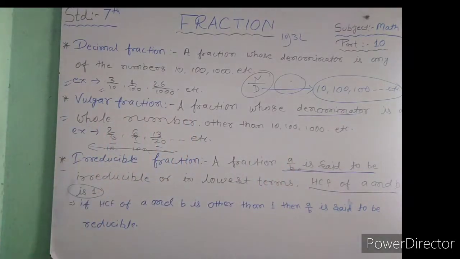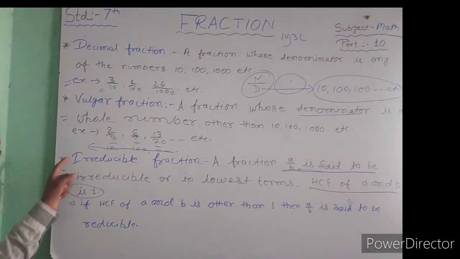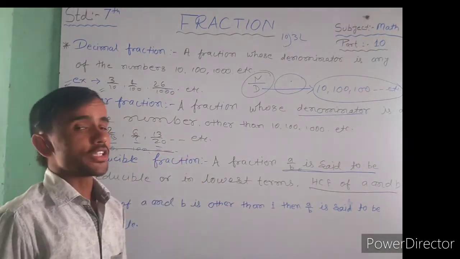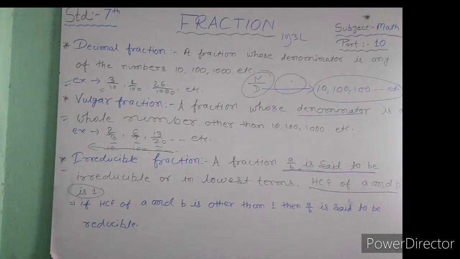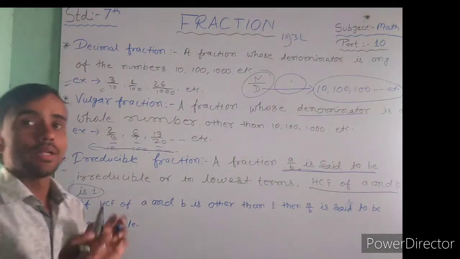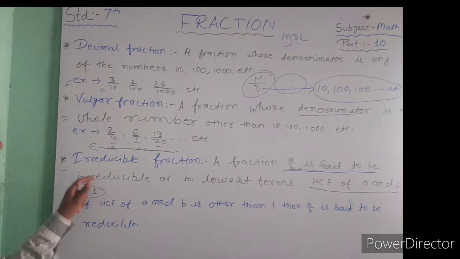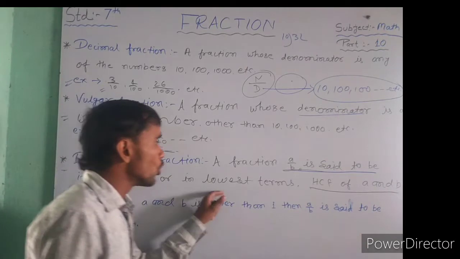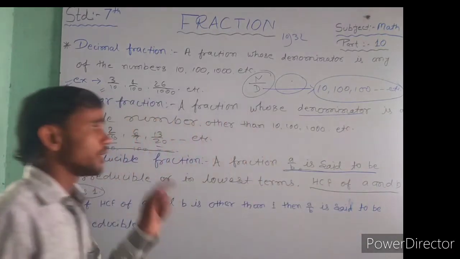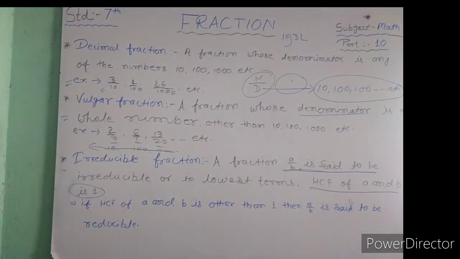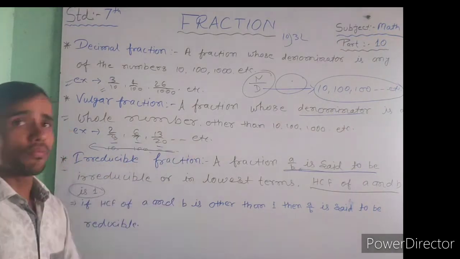Is that clear? If any fraction is given in a question and the HCF of a and b is equal to 1, that is called an irreducible fraction.